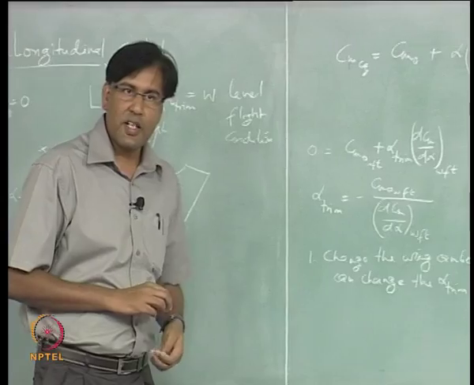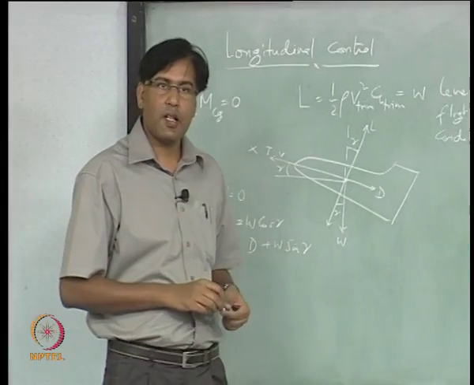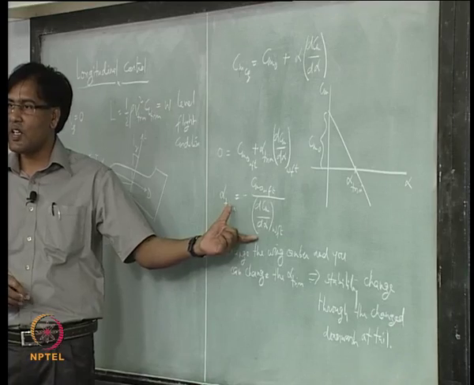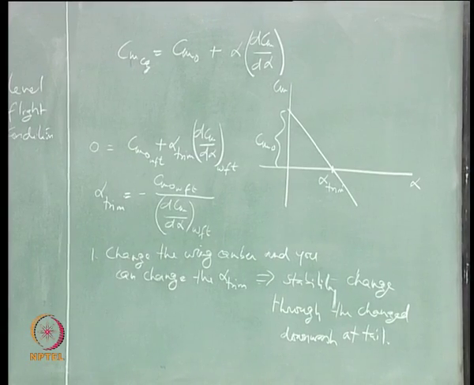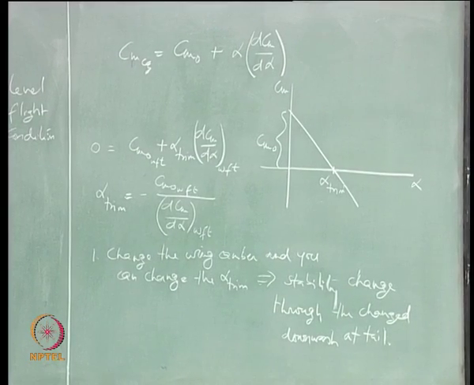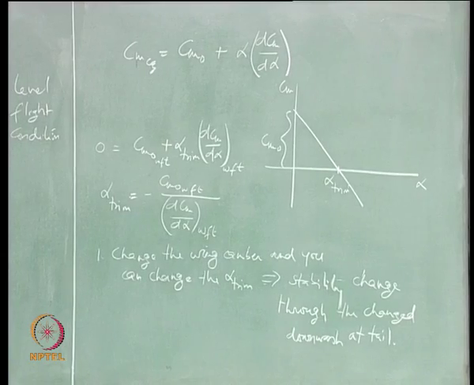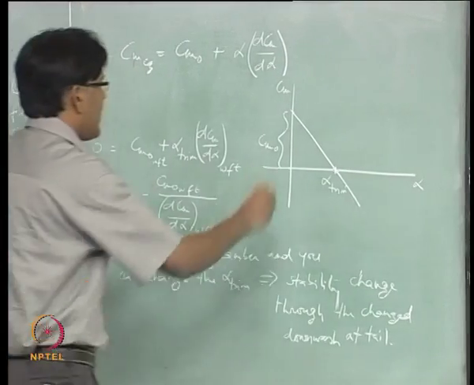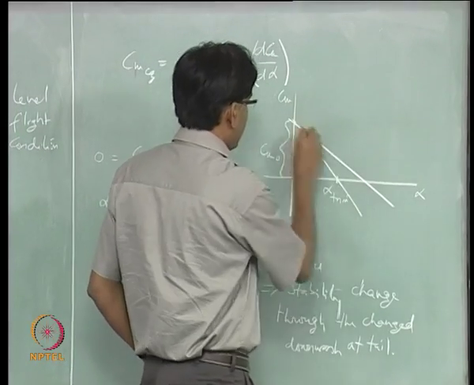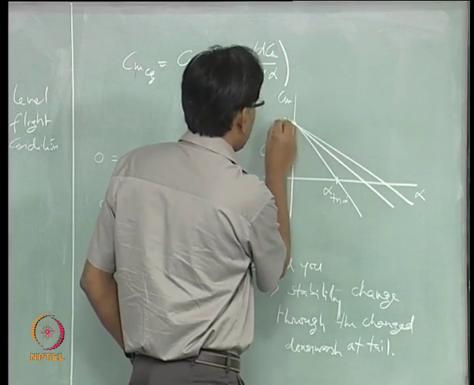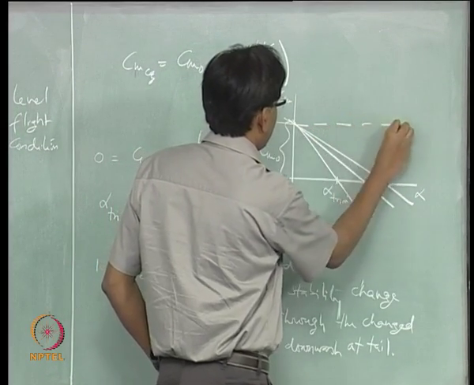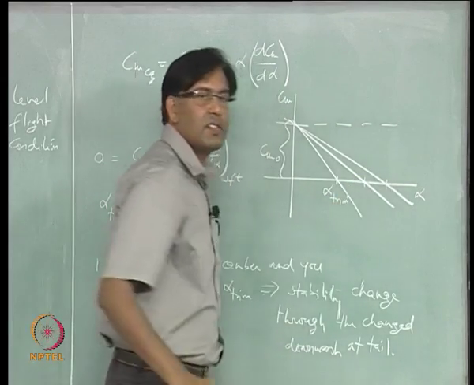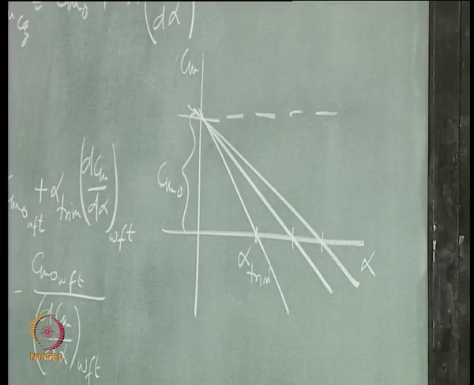Okay. Second strategy, look at this equation, what else can you change? How do you change the slope? So, I can change the slope, right, and get different trims, right, different trim conditions.